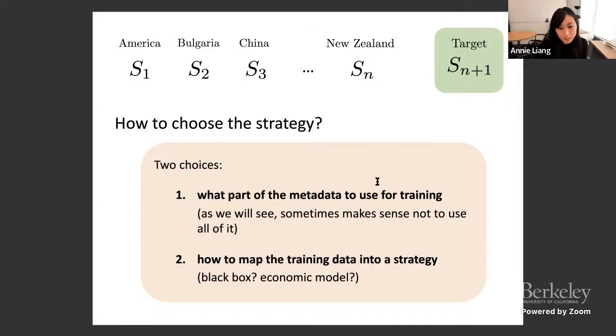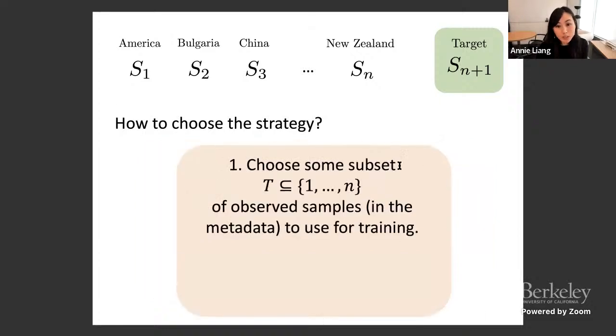Now in more detail, the first part is choosing what part of the metadata to use. We're going to let T be a subset of 1 through N, and this T is going to index the samples that we're going to use for training.